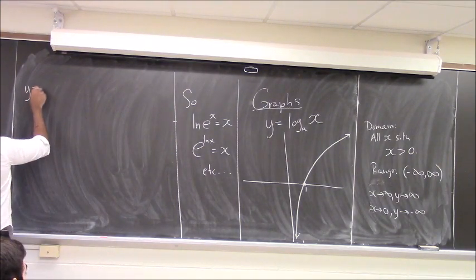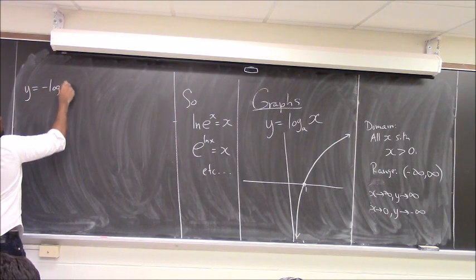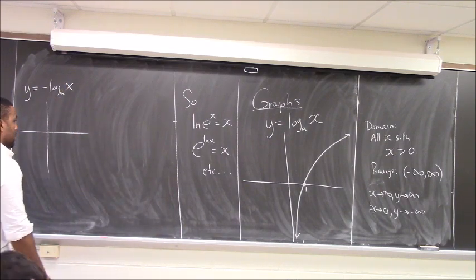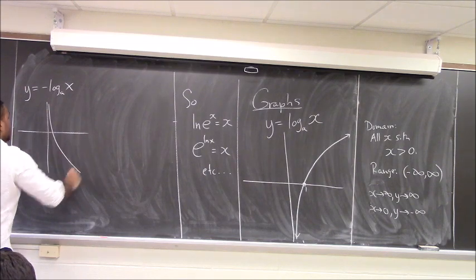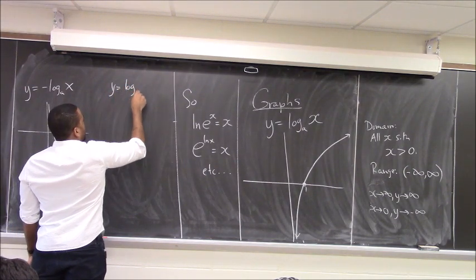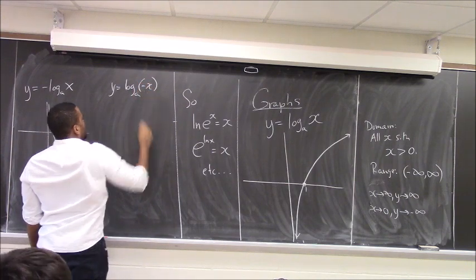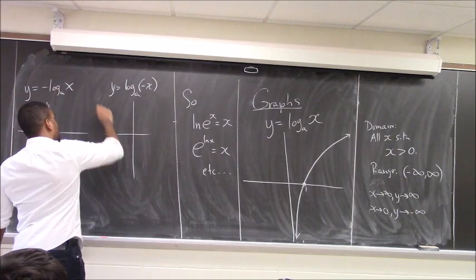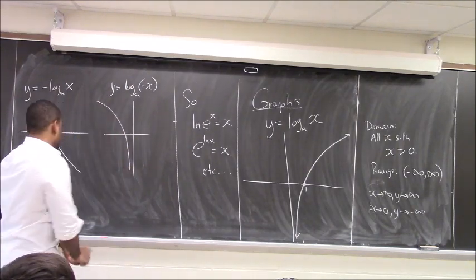We can also talk about negating the logarithm. Right? That means you just flip this guy upside down. It's going to look like that. You can talk about changing the sign of the inside. So we're taking that guy, flipping this sign.